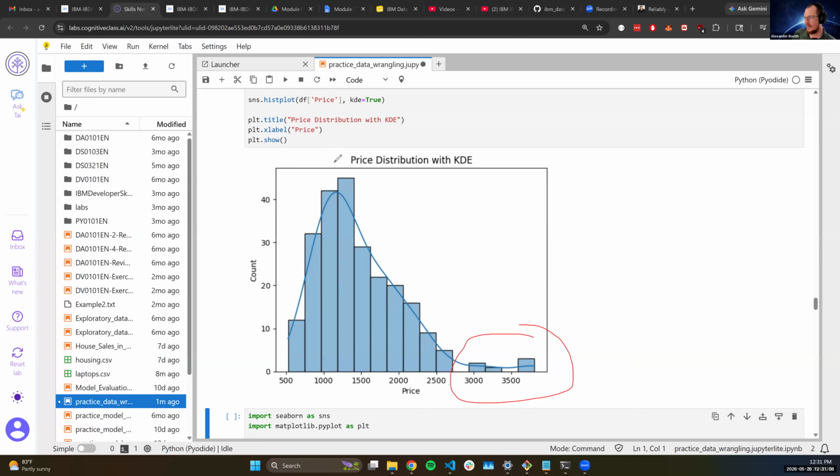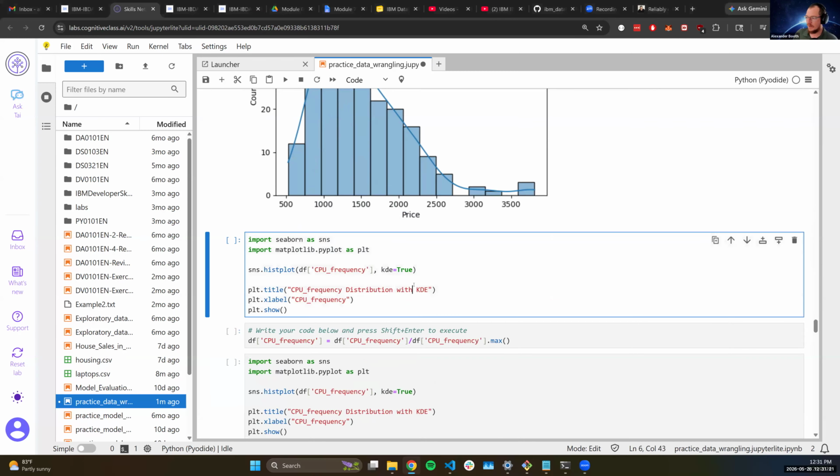Our median is more along here, but our average is being pulled higher because of these. That's another use case for normalization: it reduces the effect of that skew and those outliers, to an extent, not always, but it reduces the noise that those outliers and skew can give a model.